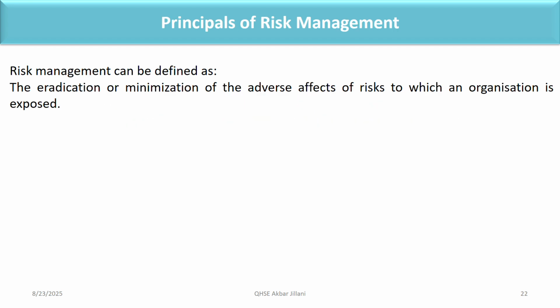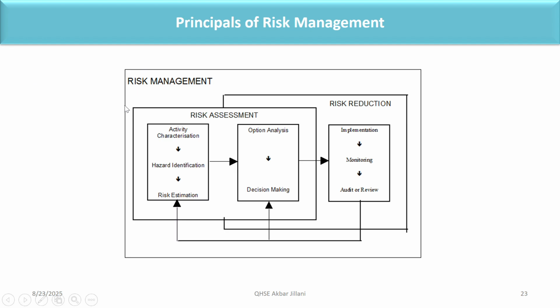Then risk management can be defined as the minimization of the adverse effect of risk to which an organization is exposed. Risk management is minimization of adverse effect of risk to which an organization is exposed. Now let's see, assessing risk, then reducing risk.